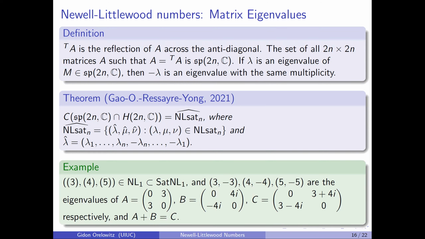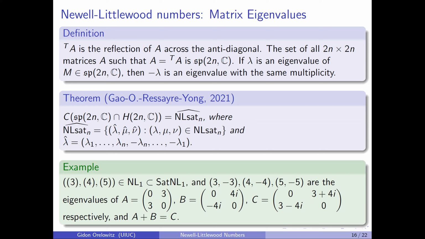So that's one of the many definitions for the symplectic algebra on 2n variables. And this has the nice property that if you have an eigenvalue of such a matrix, then the negative of that eigenvalue has to have the same multiplicity.